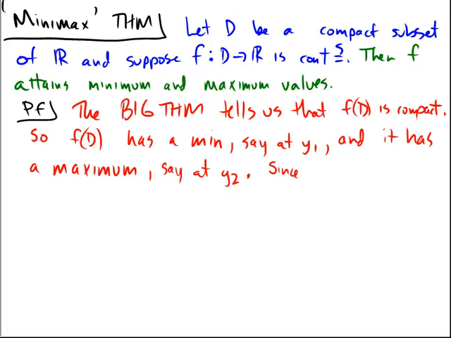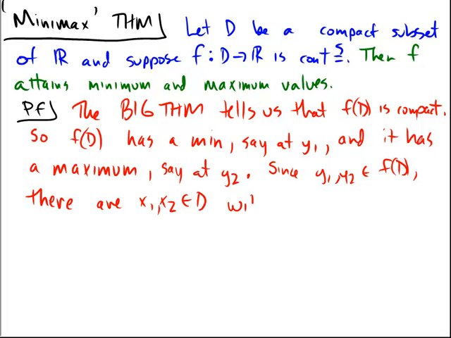Since y1 and y2 are in f of D, there are x1 and x2 located in D with f of x1 equals y1 and f of x2 equals y2.